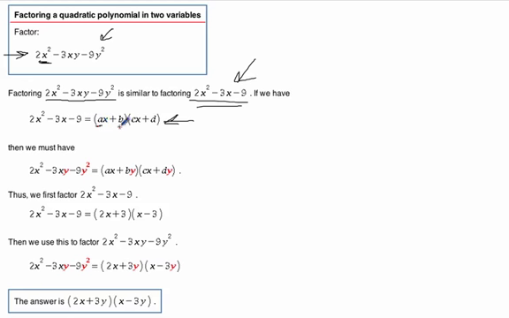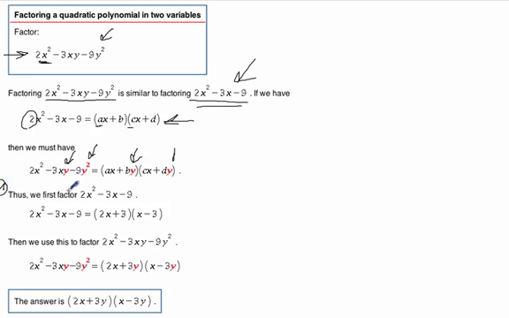Where the a times the c makes the 2, and in this case, that's going to be a 2 and a 1. And if we were to just add in a couple of y's, then that would just throw those in when we foiled it. So here are our steps.